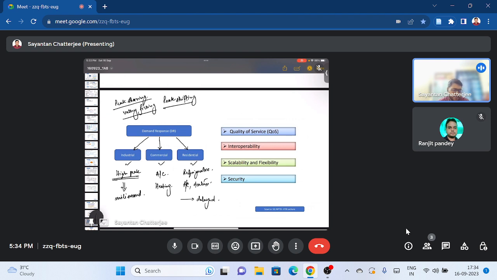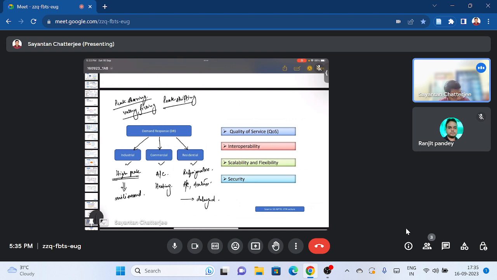Like, if I keep this equipment shut down for these long hours, then I would be incentivized on such a scale that their power consumption from this time to this time would be considered as null, or a very cheap power consumption price would be considered for this time to this time. So customers need to be incentivized.